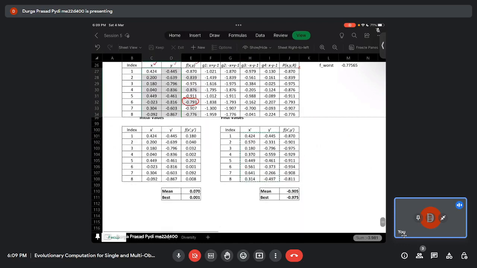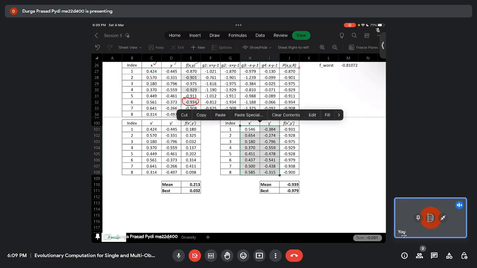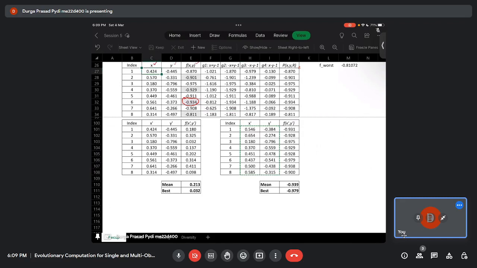See, the mean value is gradually approaching the best value. Now you can see the best value, previously it used to be minus 0.975, now it has changed to minus 0.979. The best value remained the same, but the mean value decreased.